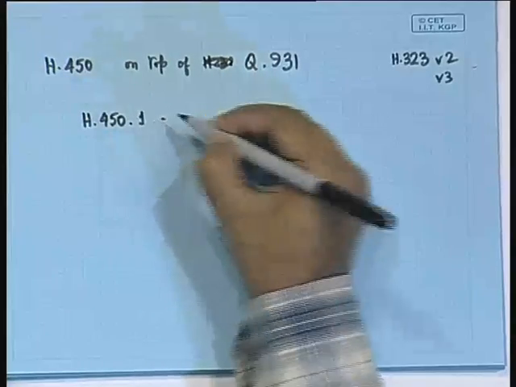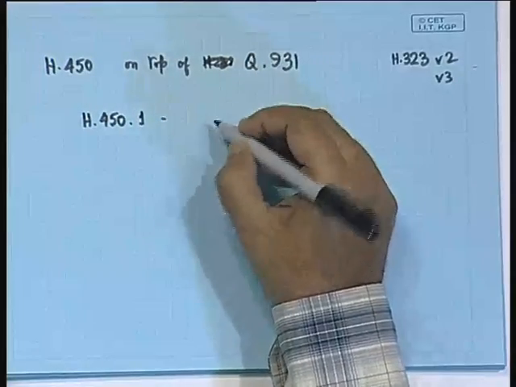H.450.1 refers to the generic functional protocols and procedures.